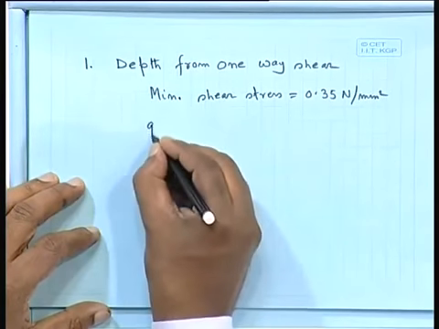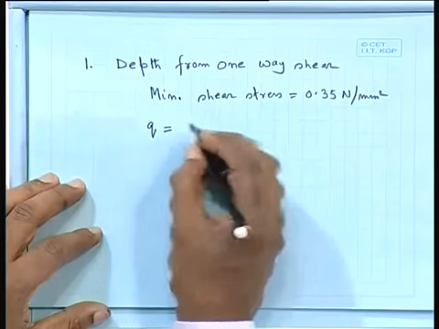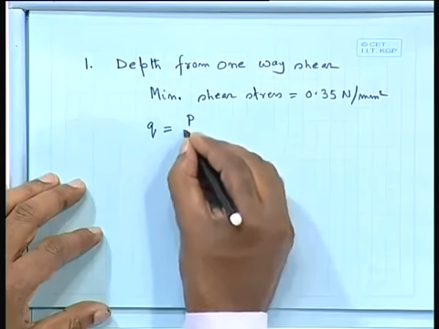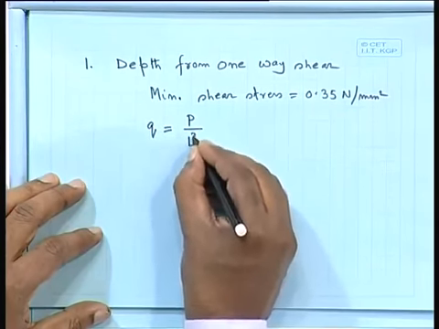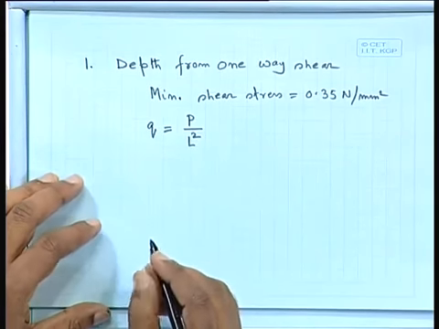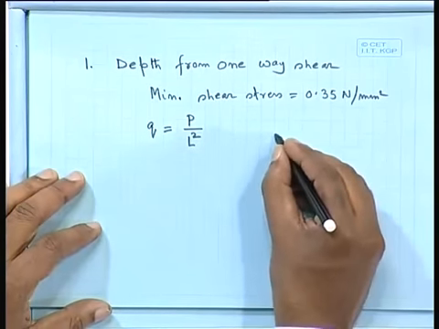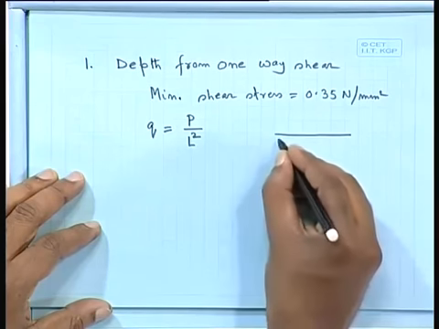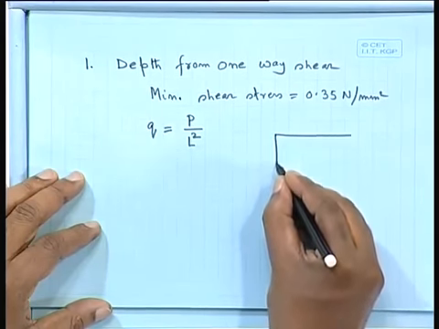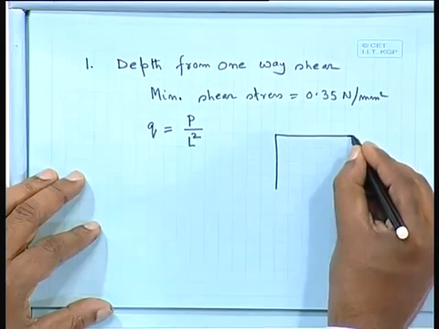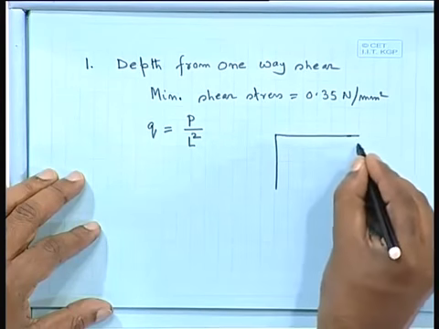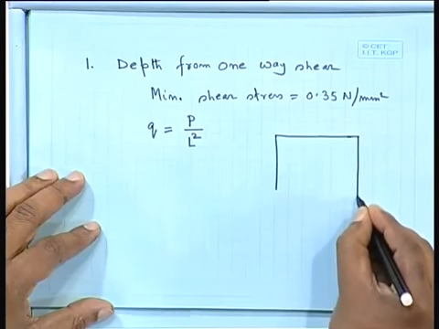Now Q is the pressure, that should be equal to P by L square.